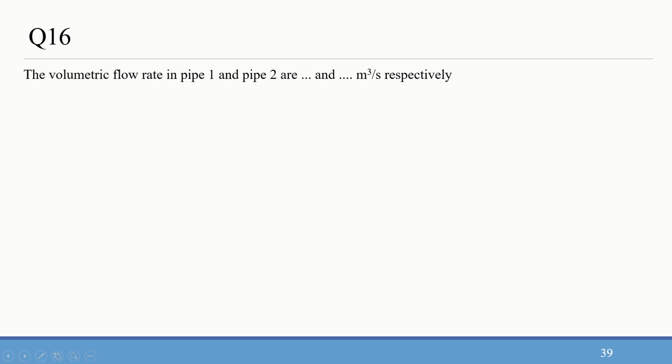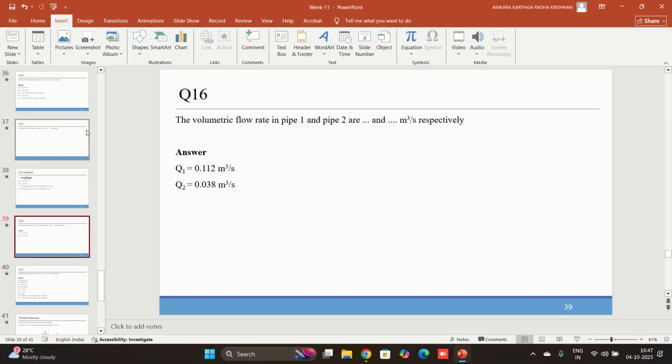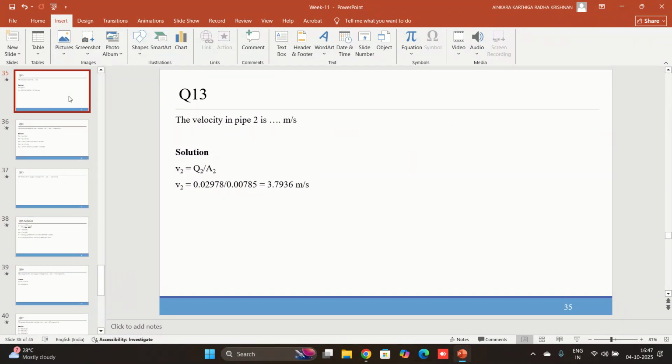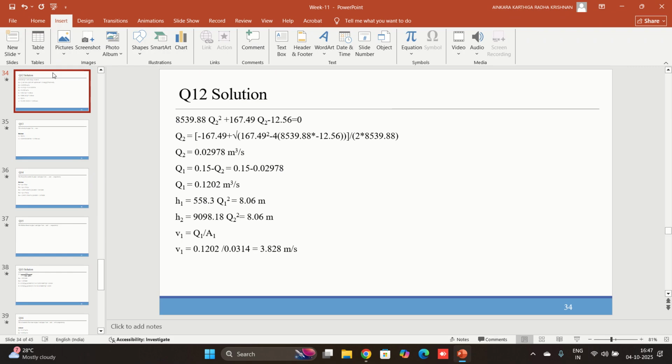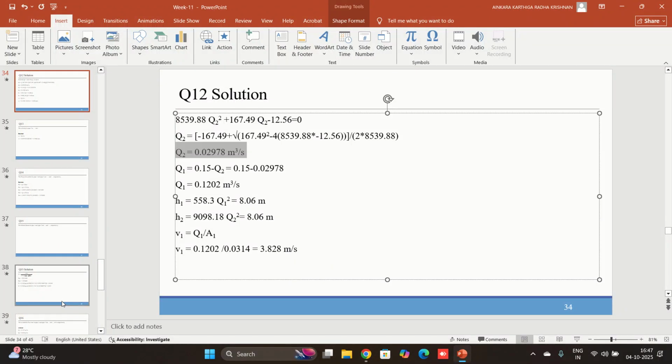In question 16, what we got is the volumetric flow rate in pipe 1 and pipe 2 are dash respectively. So actually we calculated the volumetric flow rate in pipe 1 and pipe 2 values. We found it in the initial solution itself. So we can directly give the answer from that. So Q2 is 0.02978 and that one is 0.1202.